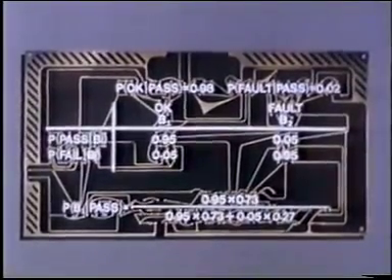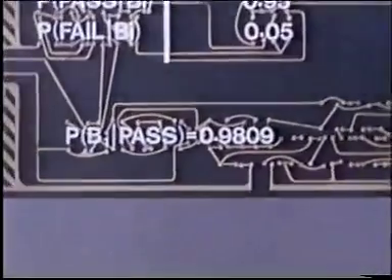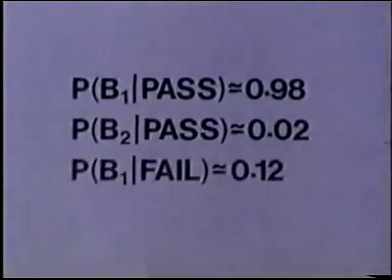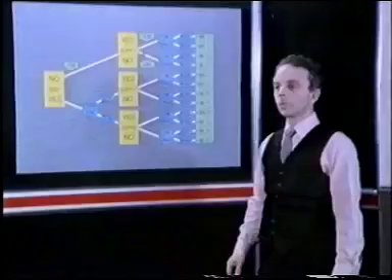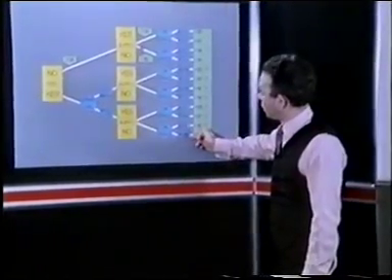And if you work that out, you'll get 0.9809. In other words, 0.98 to 2 decimal places. And the rest of them are worked out in exactly the same way. And finally, we obtain the values 0.12 and 0.88.